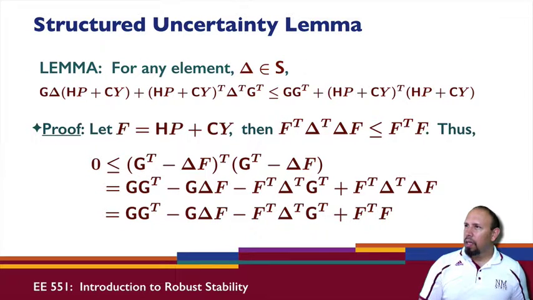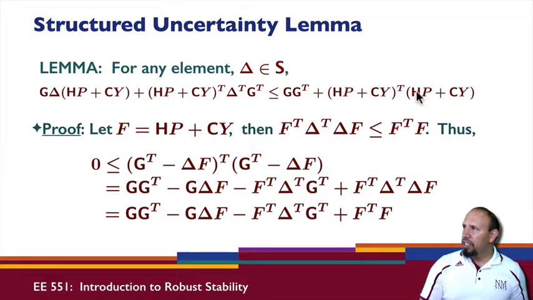All right, how do we prove this? So for any delta in the uncertainty set, I have this lemma. This lemma is comparable to the lemma we had in the previous problem. And so I have all of this stuff and its transpose less than or equal to all of this stuff. And we notice this is very similar to the lemma we had before.